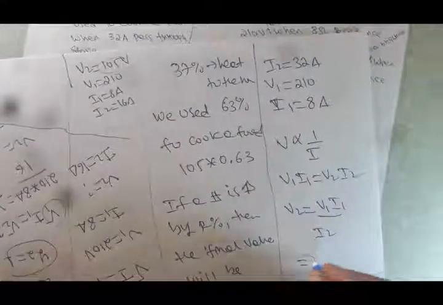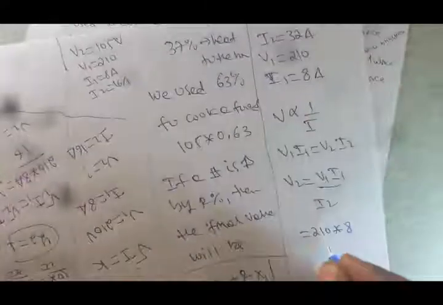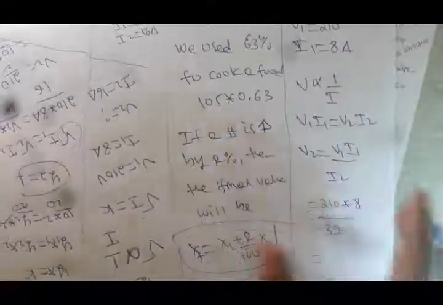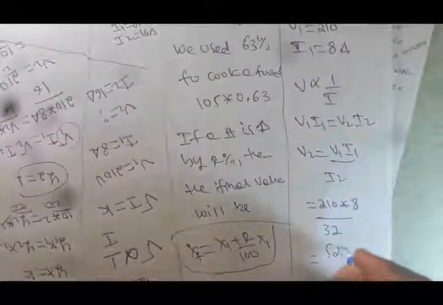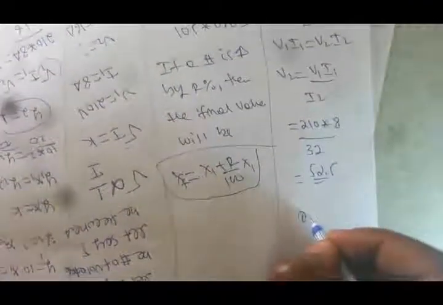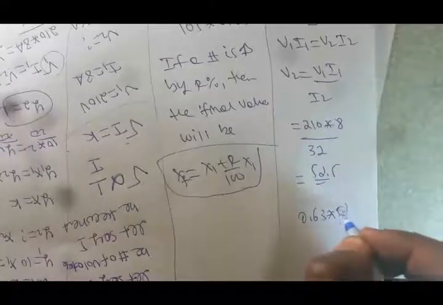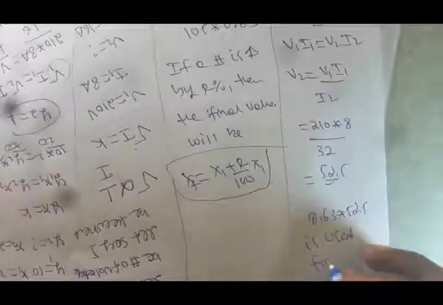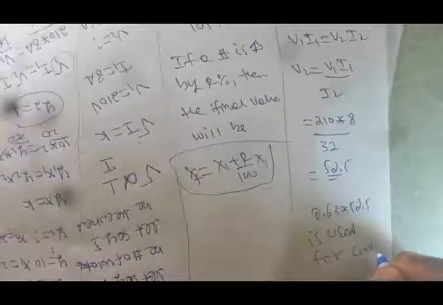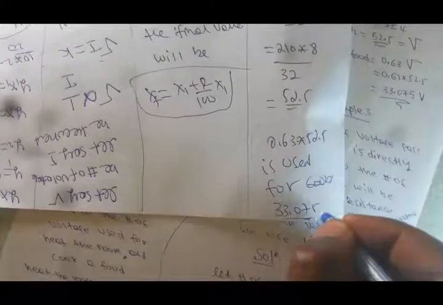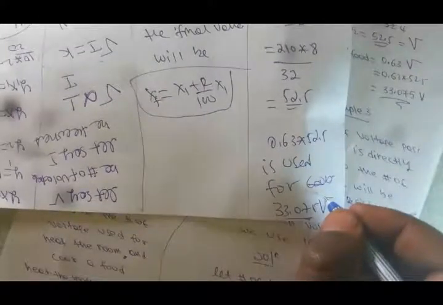Therefore 210 multiplied by 8 over 32 equals 52.5. And we are already given that 63% is used for cooking. Therefore 0.63 times 52.5 is used for cooking, equals 33.075 voltage used for cooking.